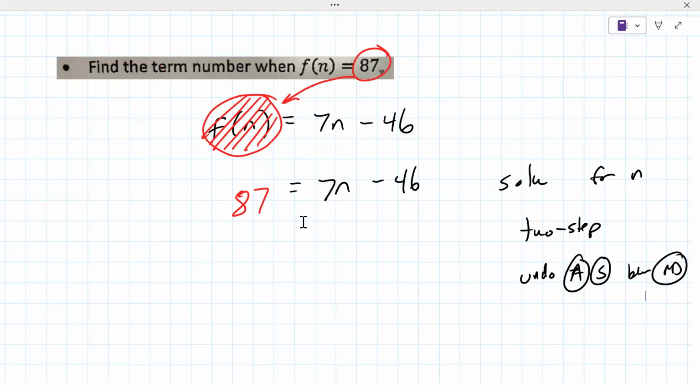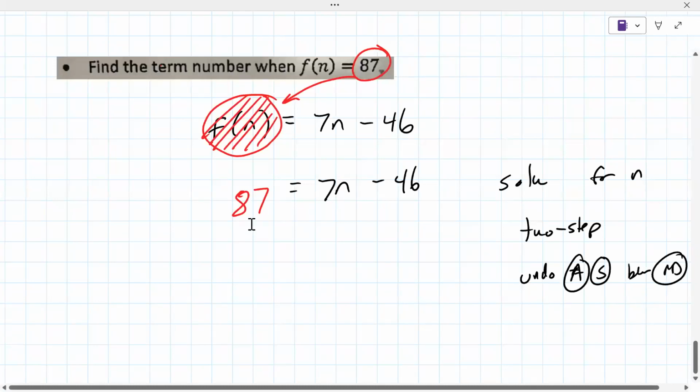Would it be 19 equals n? Okay, that sure sounds right.